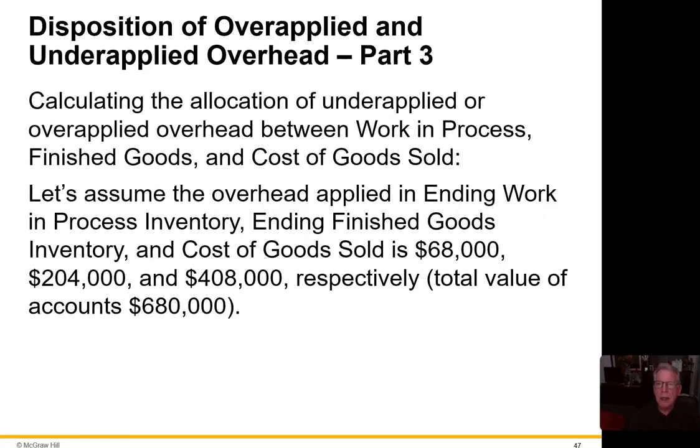All right. Now, calculating the allocation of under-applied or over-applied overhead between work in process, finished goods, and cost of goods sold. Here, let's assume the overhead applied at ending work in process inventory, ending finished goods inventory, and cost of goods sold is $68,000, $204,000, and $408,000 respectively. That's a total value in those ending inventories and cost of goods sold accounts of $680,000.